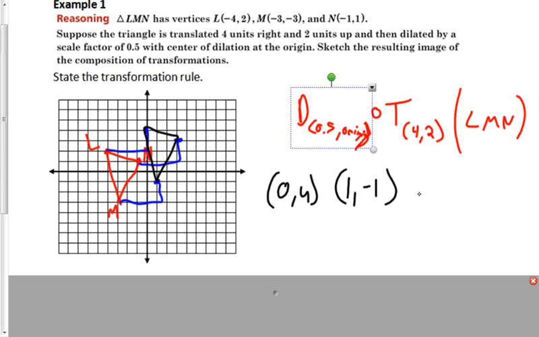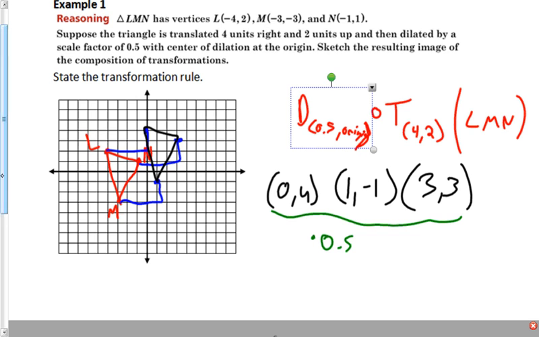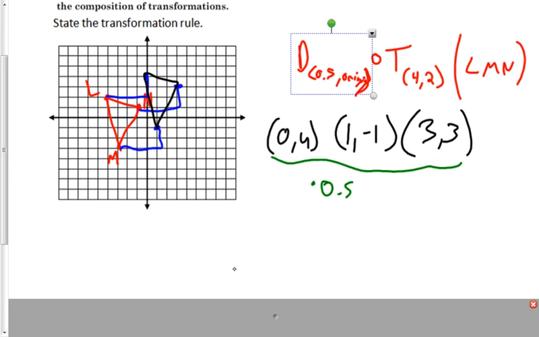And then our N would be 3, 3. So when we now do the dilation of 0.5, recall we multiply everything by 0.5. So our resulting points are all going to be half of what the originals were.